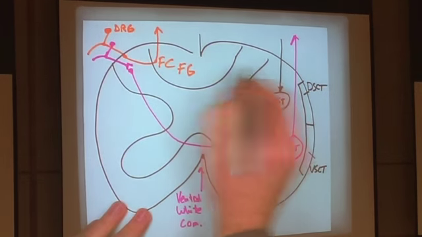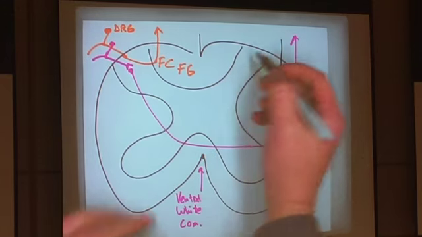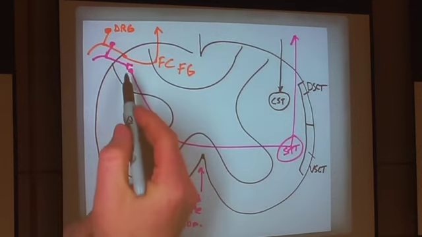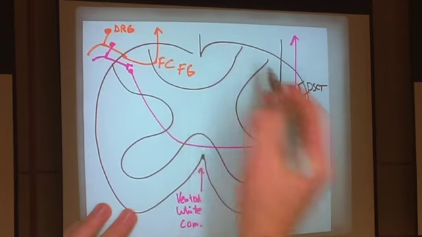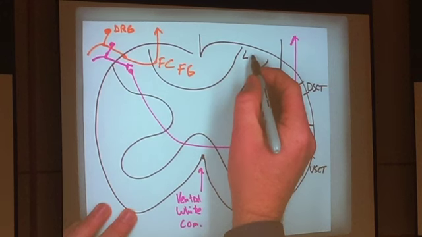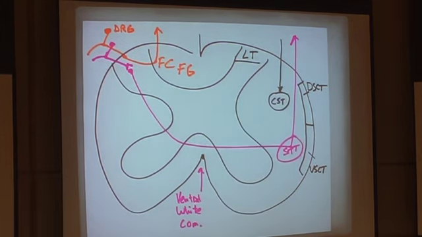Okay, a couple of other things here just to put in. I'll put it here in this dorsal horn. When pain and temperature sensation comes in, it often ascends for a few levels before this synapse right here. And where those fibers ascend, again, it's in the handout later on, so I'm just going to label it here as LT for sake of space. It's called Lissauer's tract. So this is pain and temperature information.